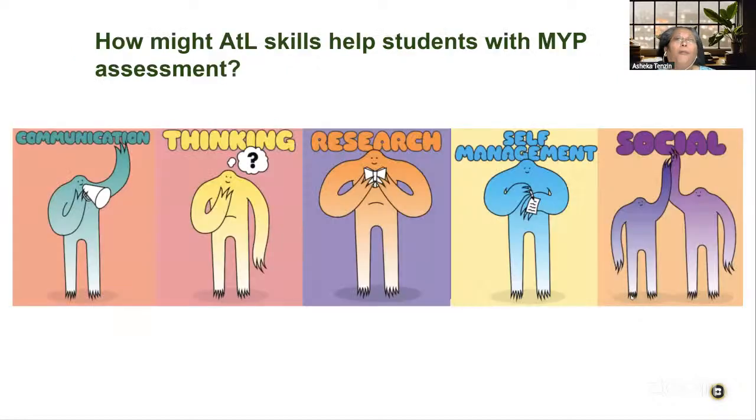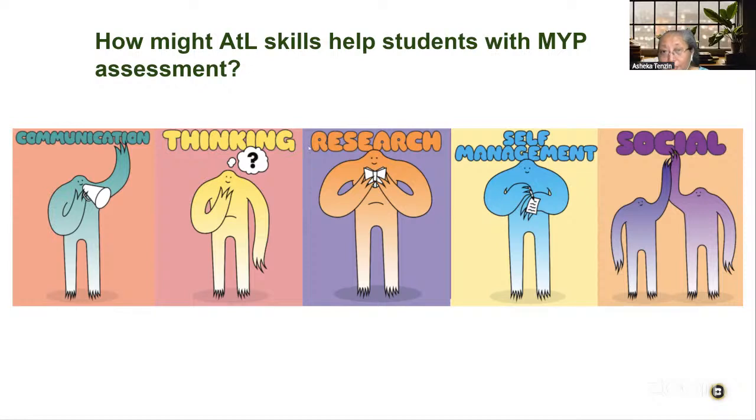Now, how might ATL skills help students with MYP assessment? Now, we know that if the students are able to manage time well, then they will finish their assessments on time. Okay. If it is a group work, then they should know how to work on their social skills. If it is criteria D task, most of the time for math, for science, for humanities, then research skills.